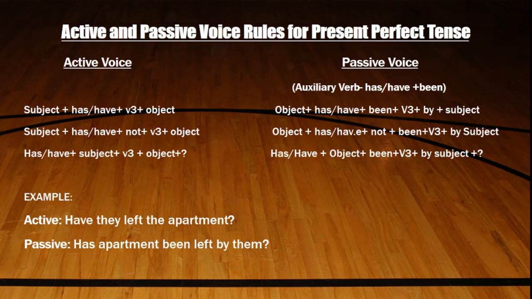For the passive, you will make it like has, have plus object plus being followed by the third form of the verb, and then by subject, of course with the question mark to it. So the example would be, have they left the apartment in the case of the active voice, and in the case of the passive voice it becomes, has the apartment been left by them.